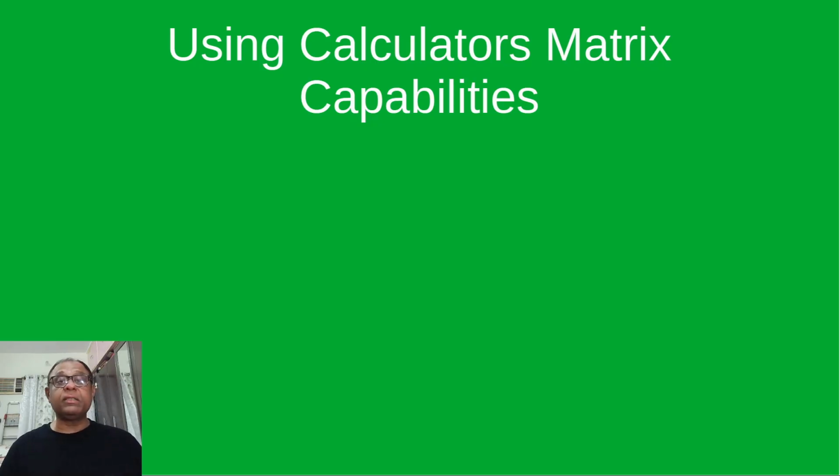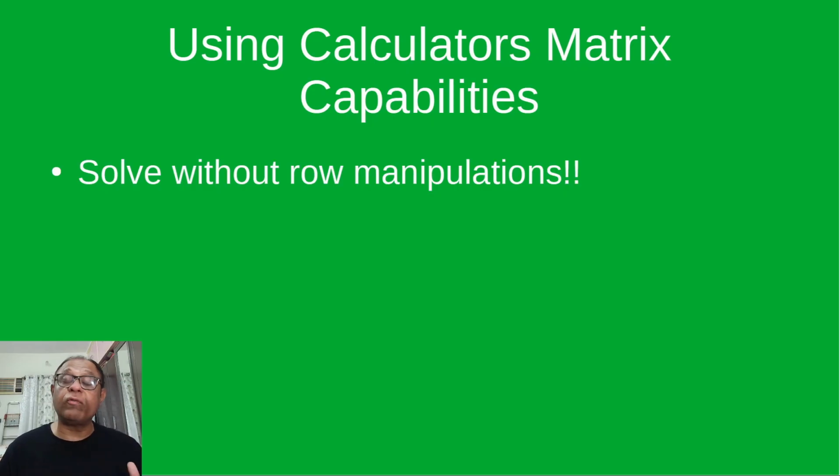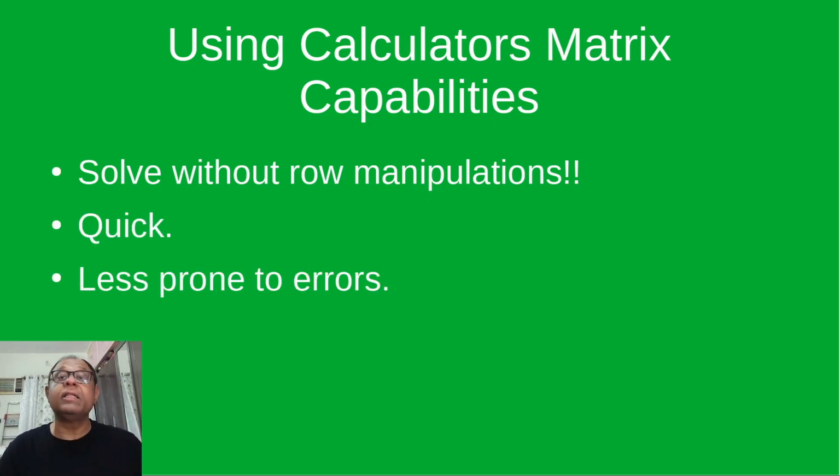Using the calculator's matrix capabilities, you can solve the entire problem without row manipulations. It's quick, definitely, and it's less prone to errors because you're not dealing with a lot of numbers. Once you put in the matrix, the calculator does everything.